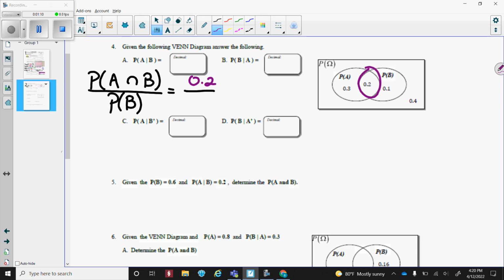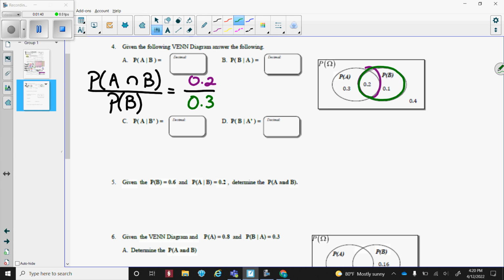The probability of B, specifically B, is not B and not A. It's not B and the stuff on the outside. It's B, the entire circle. So the probability of B is that whole circle. Not just part of the circle, but the entire circle. So we're going to take the 0.1, add it to 0.2. Our denominator is 0.3.